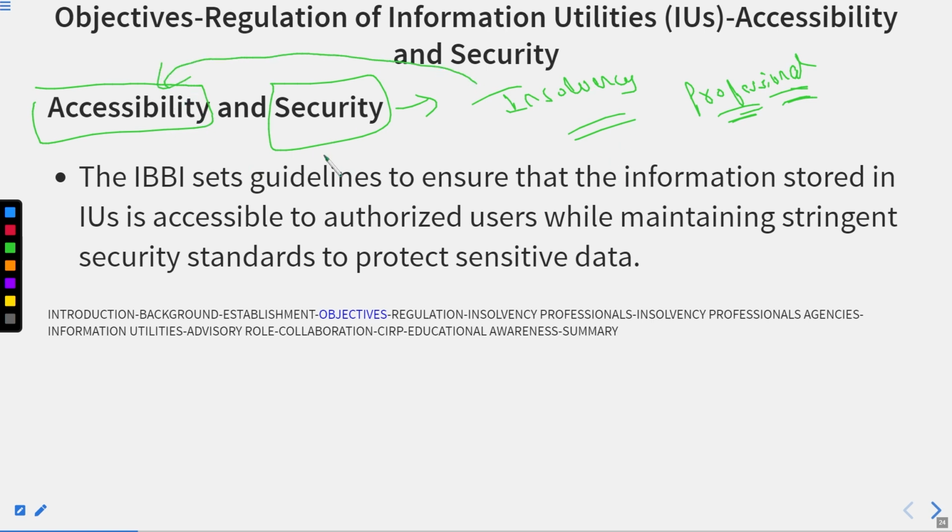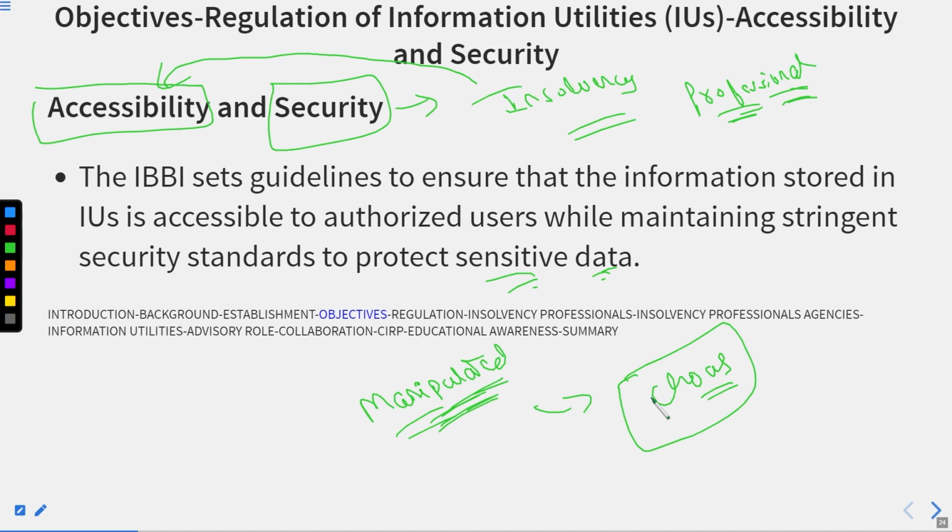But if the sensitive data is leaked or accessed by the outsiders, by the creditors, by the stakeholders, do you think that there could be no manipulation? Is there any possibility? No. Maybe the data could be manipulated, and could lead towards chaos.